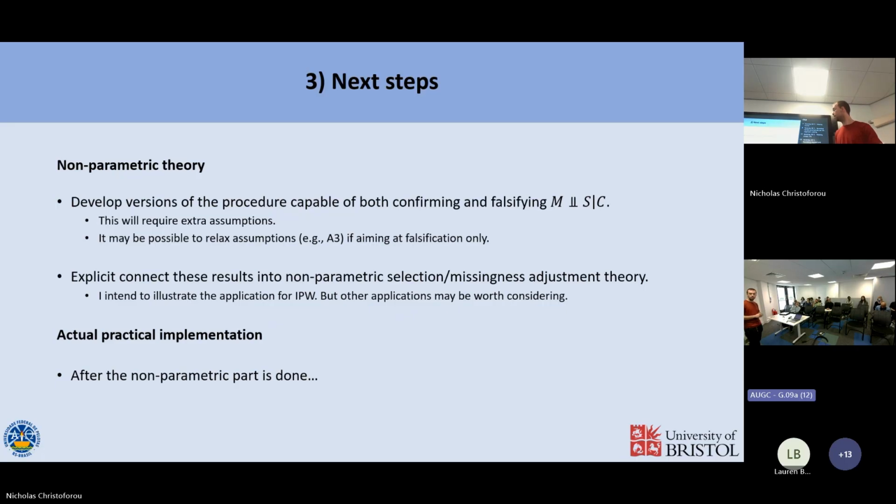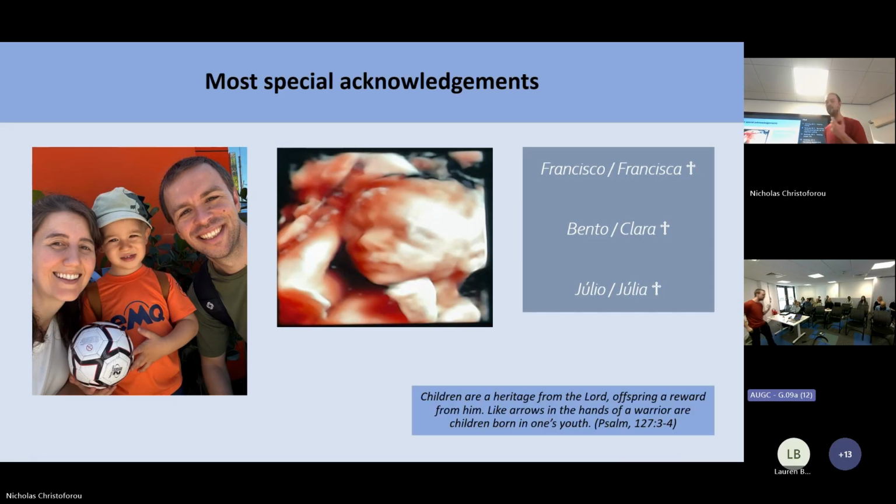And in terms of actual practical implementation, there's going to be a whole host of other issues that can come into play here in relation to model specification, in relation to statistical power, and all sorts of those things. But I didn't get there yet, so I'm not worrying too much about them at the moment. So that's the uninteresting part of my presentation. The interesting part of it is always this.